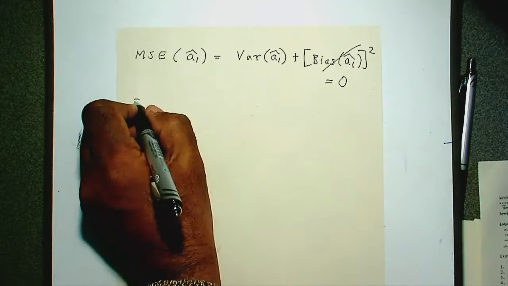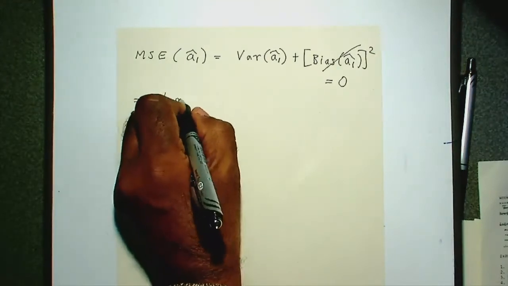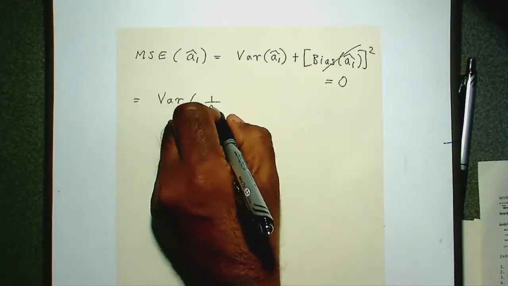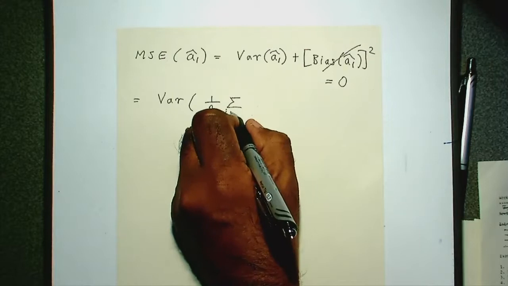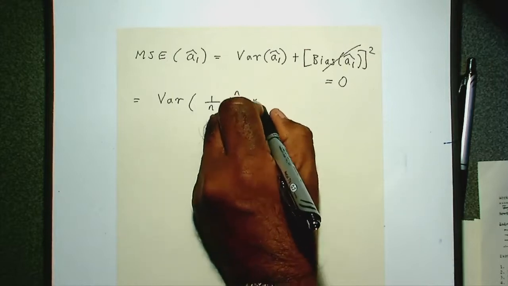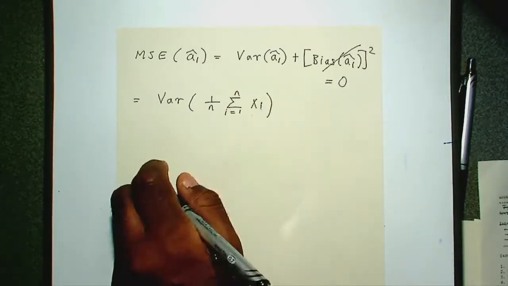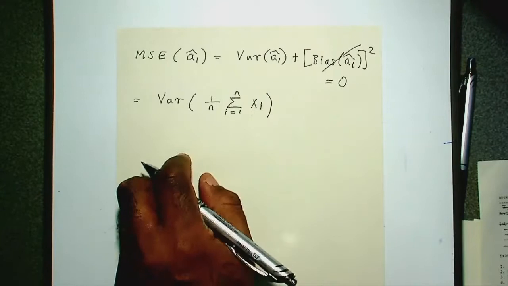So this is the variance of 1 over n times the sum. Okay. Now take the variance inside, guys.